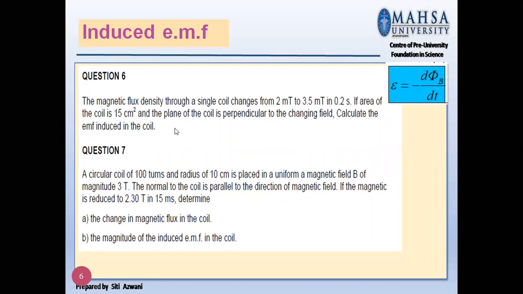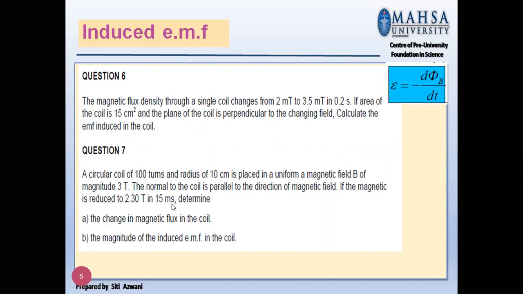You have a problem question which is under the induced EMF. If you refer to question 6 and question 7 here, you have a change in the magnetic field B, 2 millitesla to 3.5 millitesla in 0.2 seconds. Question 7 also has a change of the magnetic field B. Initially, you have 3 tesla and then it reduces to 2.30 tesla in 15 milliseconds.